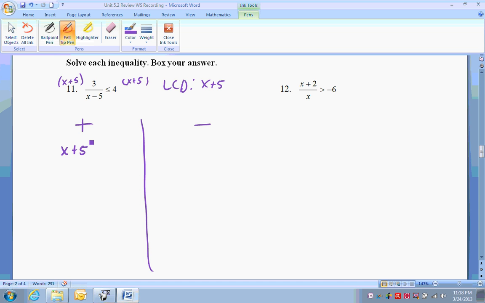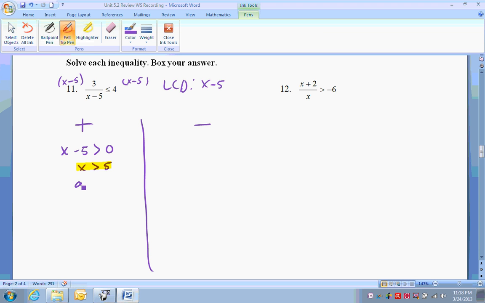So if x plus 5 is positive, that means it's greater, oh sorry, not x plus 5, it should be x minus 5. If x minus 5 is positive, then that means x must be greater than 5. And that's the first piece of information we're interested in.